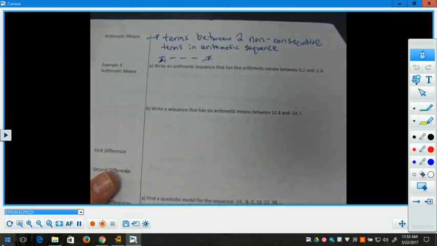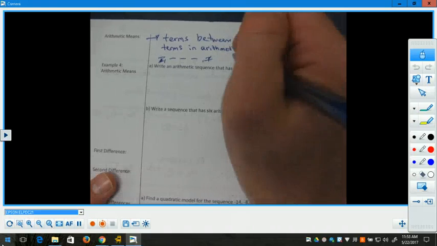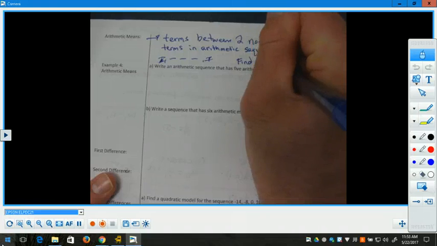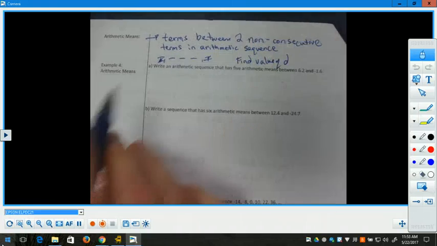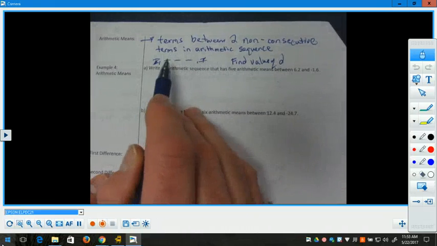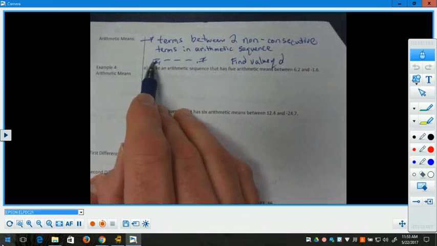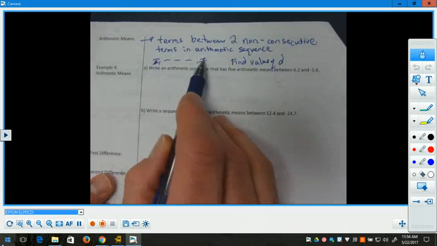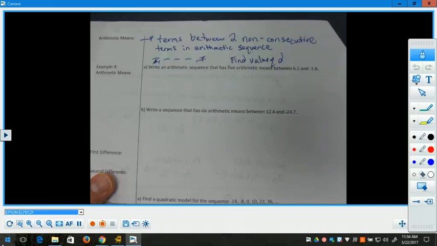But we have to calculate the value of d first. So we'll probably use an explicit formula to find the value of d. And then once we have that value of d, you can either do the explicit rule to find each term, or you can use the recursive to just add d to each previous term. You should end up back at this number. Always check that you do.